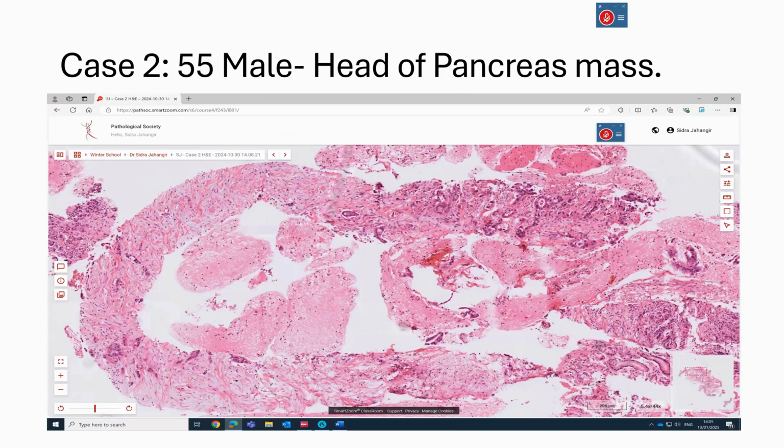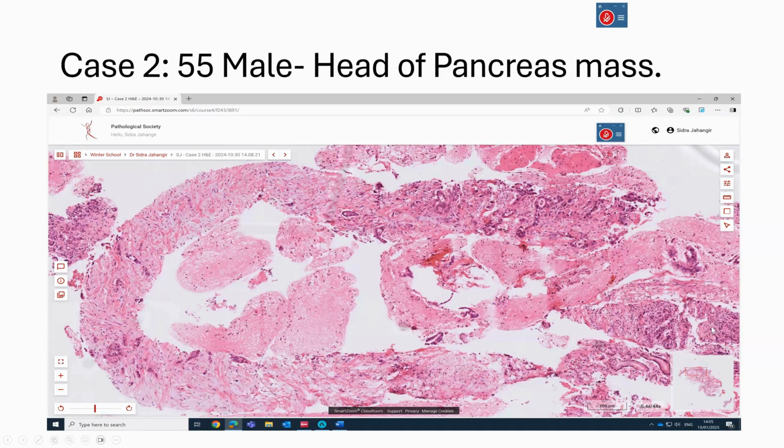Again, male patient, mass in head of pancreas, and this is the FNB material. A very nice, long tissue core. You can clearly appreciate you don't see in this core at least a normal pancreatic lobular parenchyma.